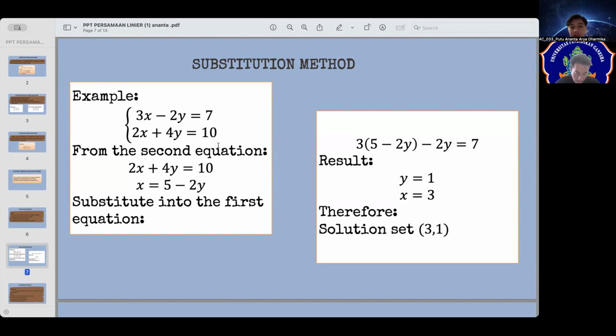From the second equation, 2x plus 4y equals 10, we get x equals 5 minus 2y, and substitute into the first equation: 3 times (5 minus 2y) equals 7. We get the result y equals 1 and x equals 3. Therefore, the solution set is the answer (3, 1).